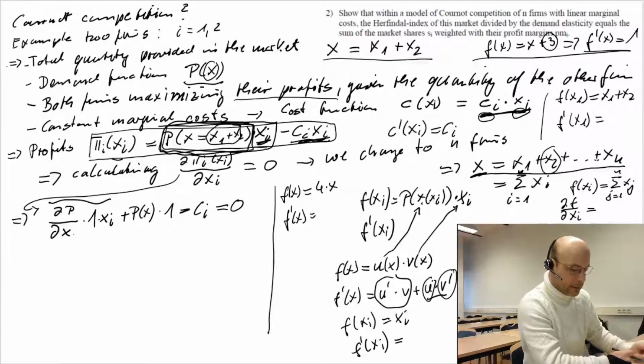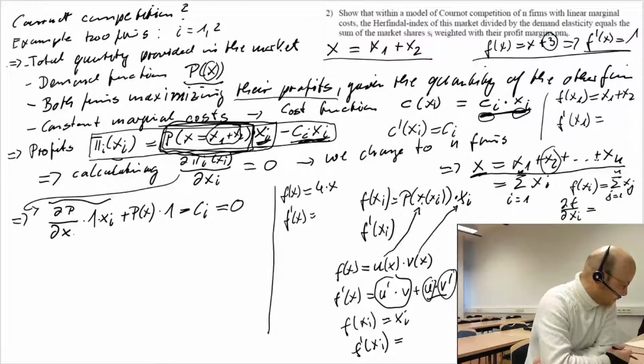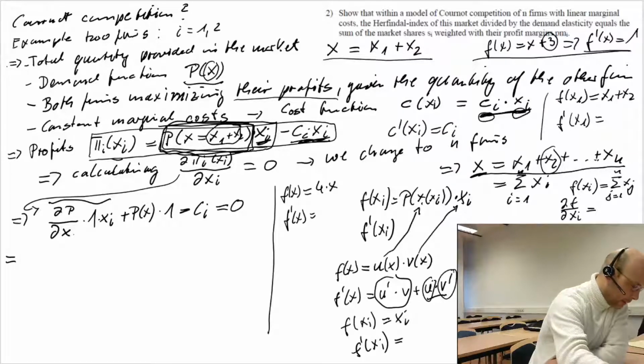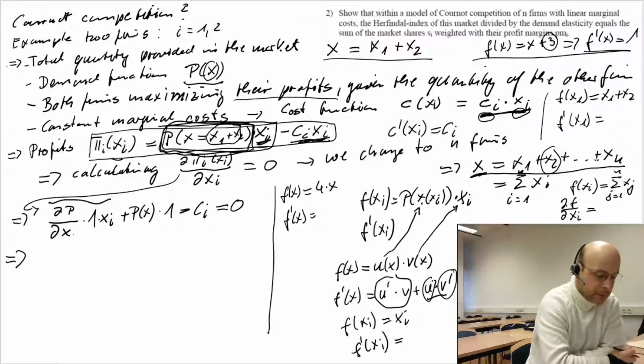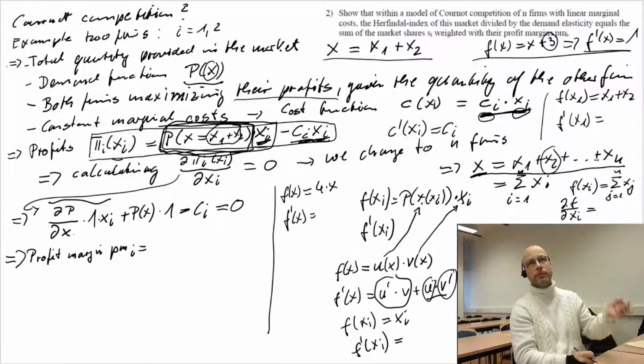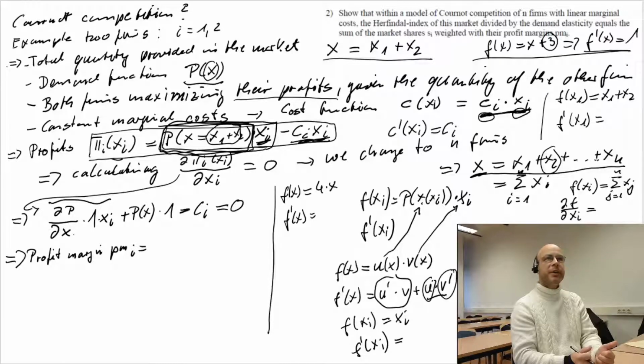Well, and then we are almost done, because this one we now solve for the profit margin, and the profit margin PMi is just defined: I'm selling my good for the price P, calculated from profit maximization, minus marginal costs, divided by the price.